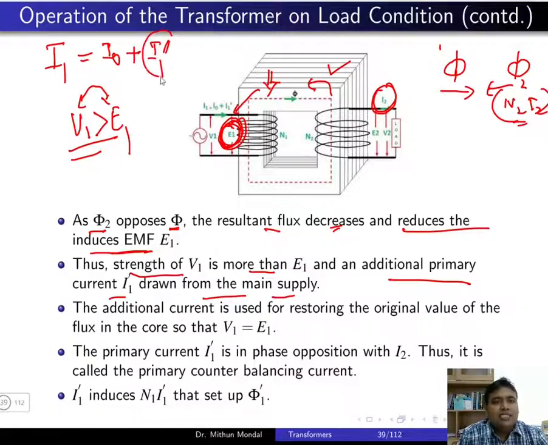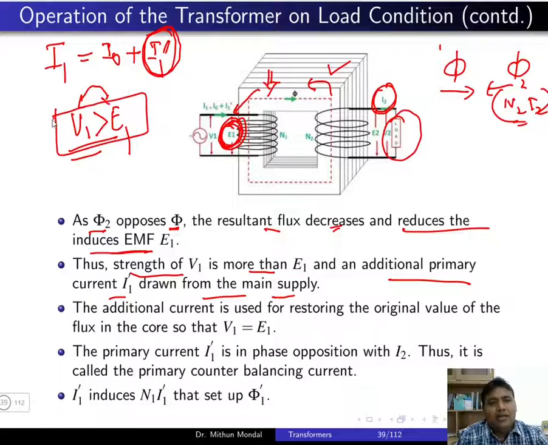This additional current has been caused because you have connected a load on the secondary side, and there is a potential difference between V1 and E1, and as a result, an additional current I1 dash has been taken from the input supply. The additional current is used for restoring the original value of the flux in the core so that V1 is equal to E1.